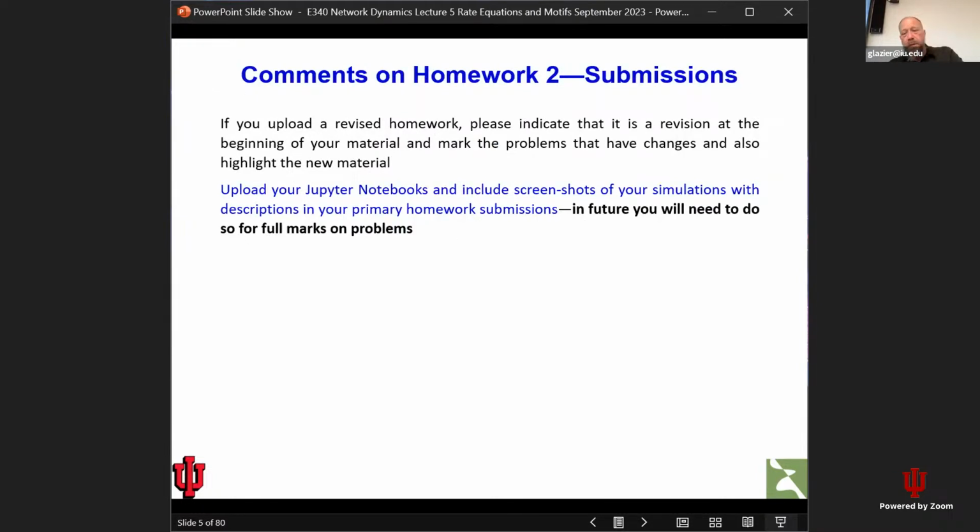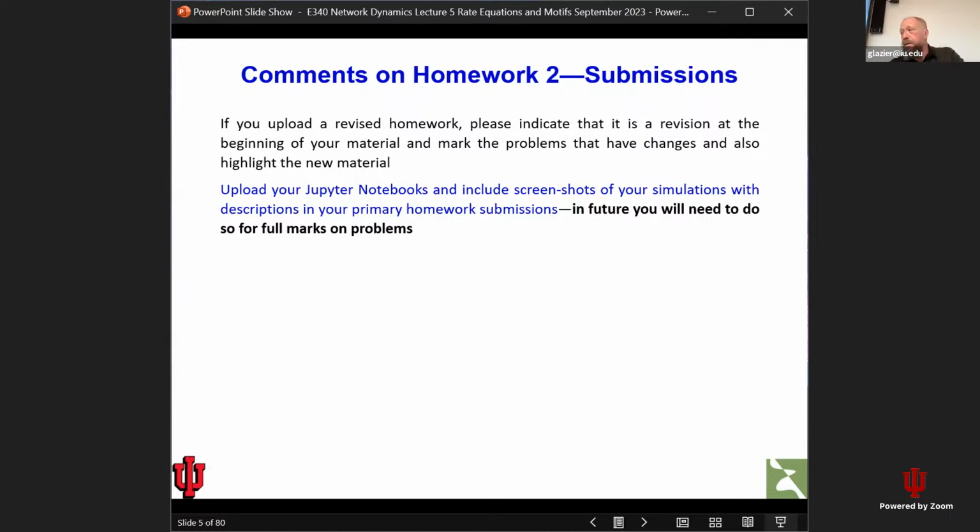So I wanted to talk a little bit about the homework, but a couple of comments. First, I've said before that it's okay to submit revised homework assignments, especially if you try a homework, there's material in it we didn't cover that we covered in class and you want to submit again, where you've been able to do more material, that's great.